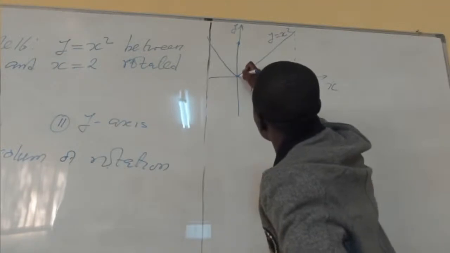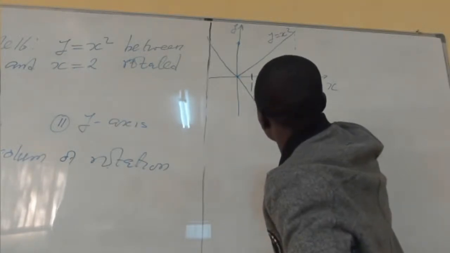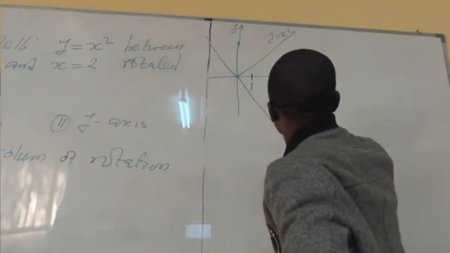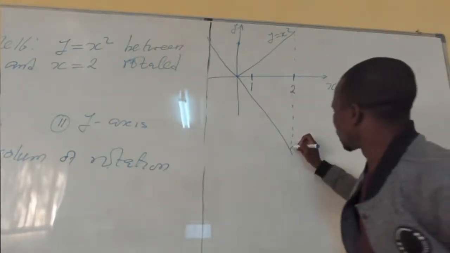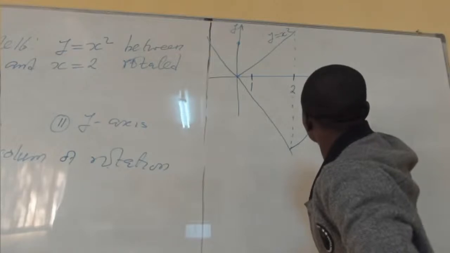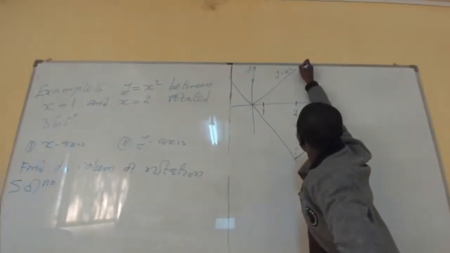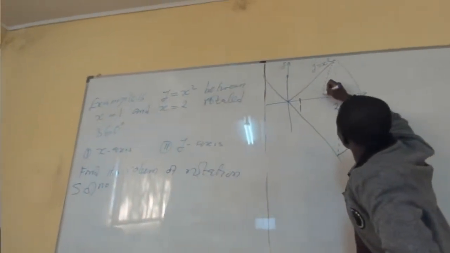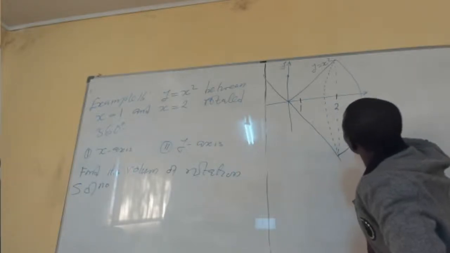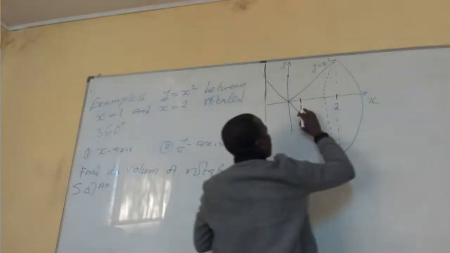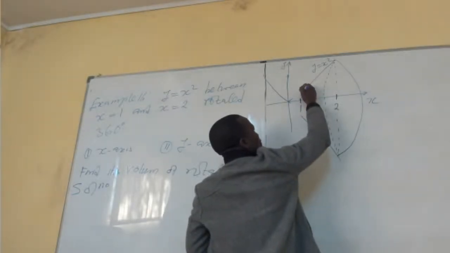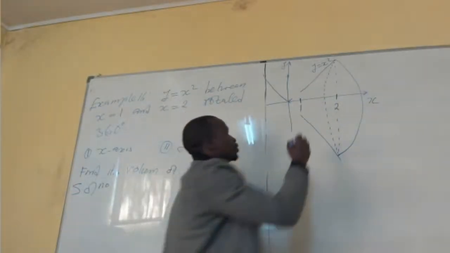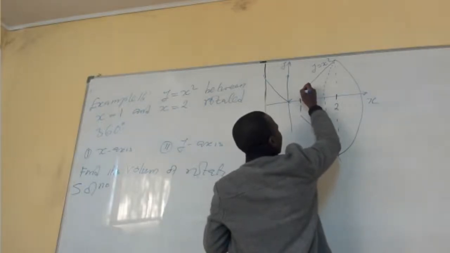If we reflect this, it will look like this. So what they want us to find is the volume of revolution of that region. So the portion that we are talking about is this portion, just for this portion.